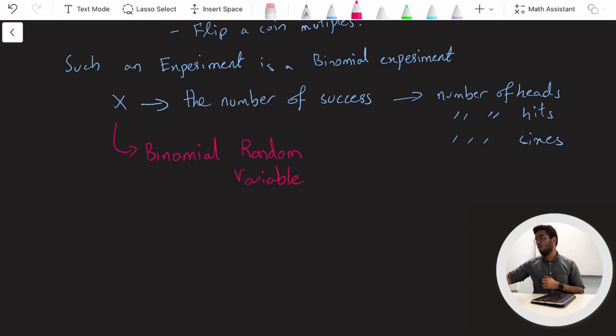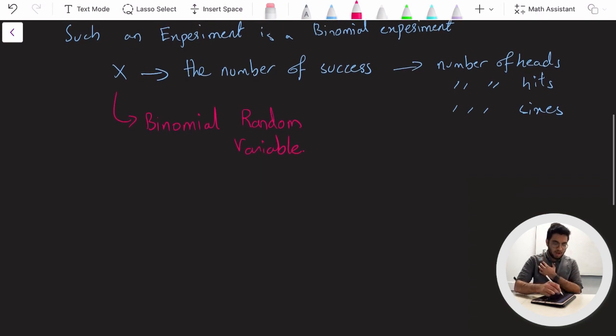So, for example, if we have a coin and we flip it 5 times, x is the number of heads or the number of tails, depending on what you call a success.